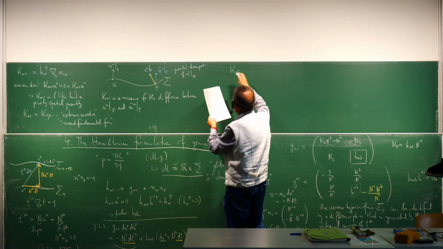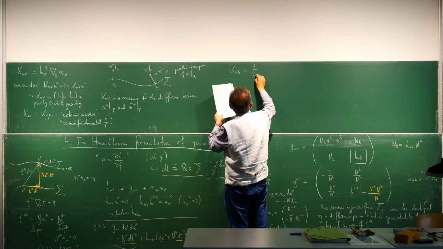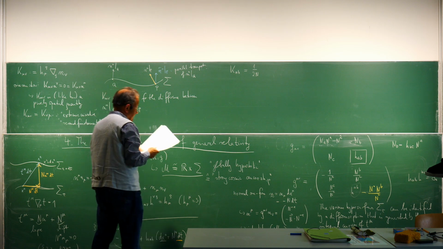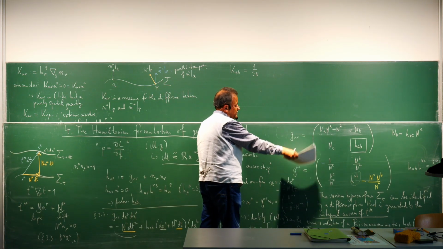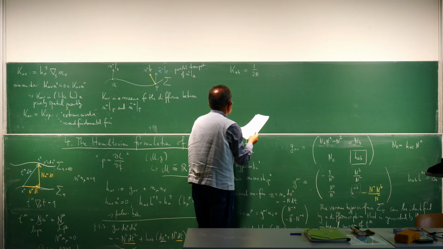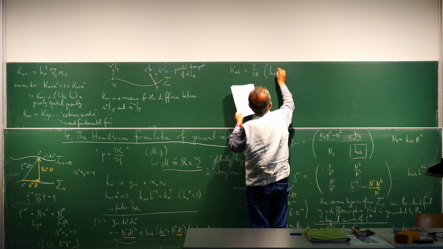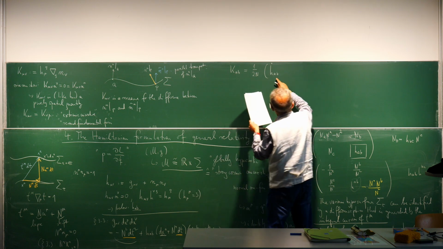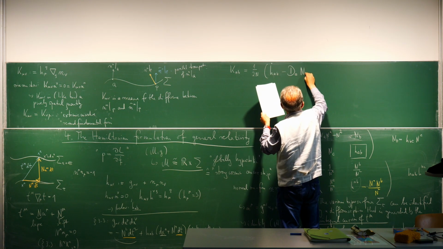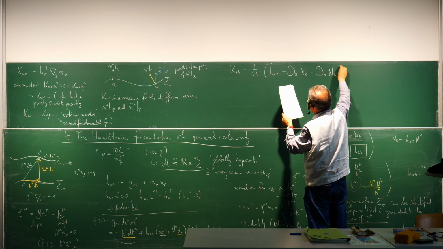One can show, this I will not derive, that K_ab is, you show that from the definition and using this decomposition into lapse and shift, 1 over 2N, and then you have ḣ_ab, so ∂/∂t minus D_a N_b minus D_b N_a. So what is that D?